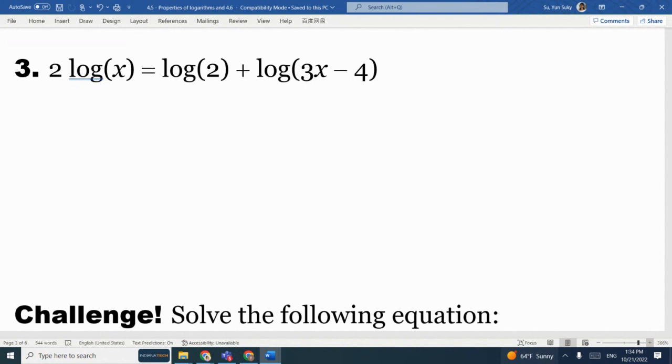Okay? The log properties: we combine the sum into a product, the difference into a quotient, and the power you can move on top into the exponent.